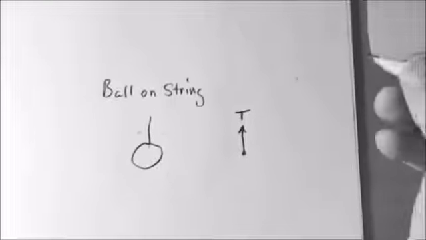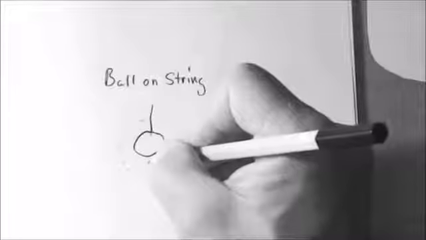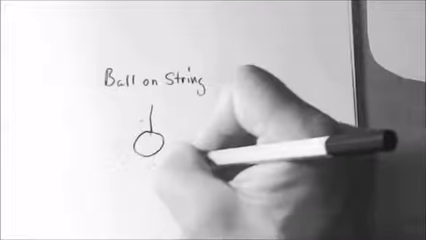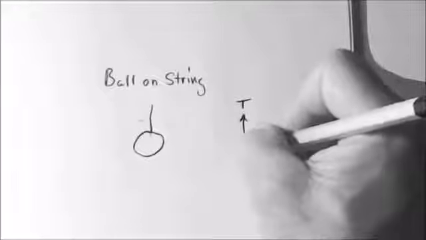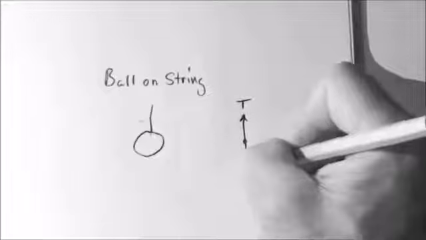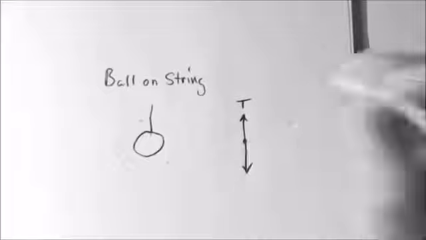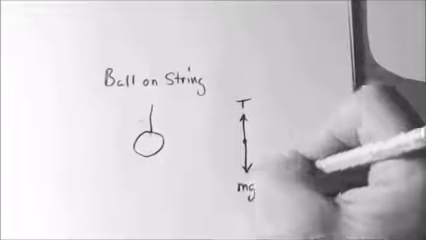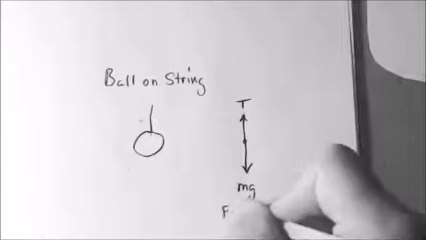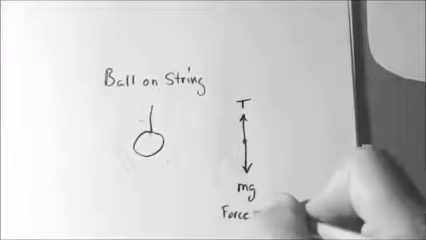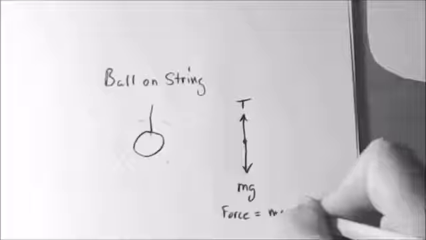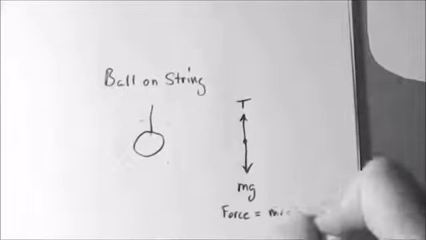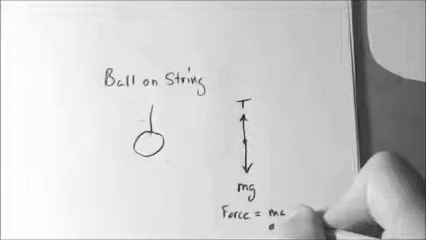Now there's another force on this ball, and we can't see it right here, but we know it's there because there's gravity. There's another force, which I'm going to write as mg, and that is the force that's equal to the mass of the object times the acceleration of gravity.